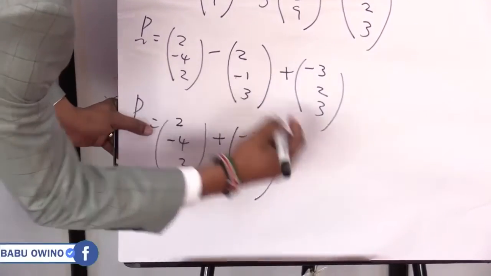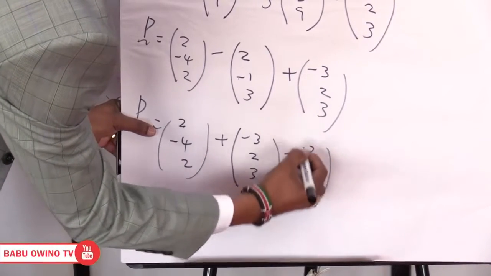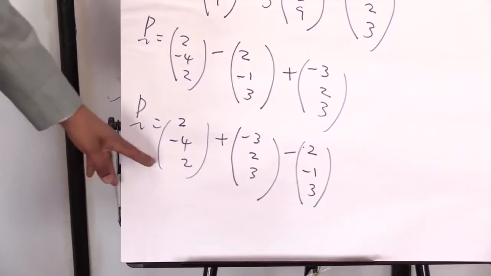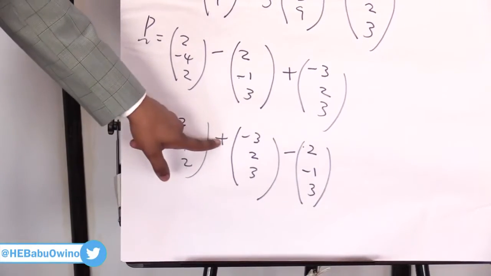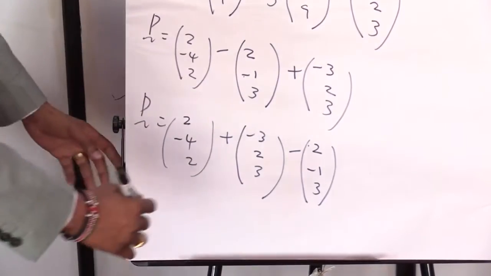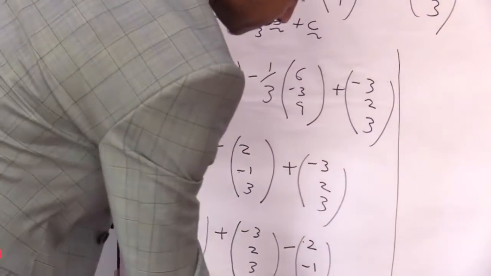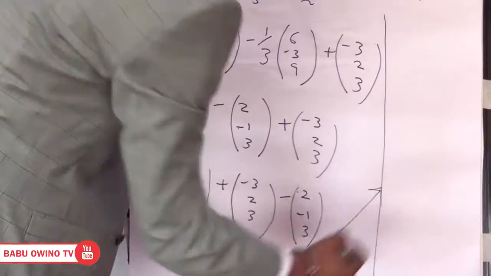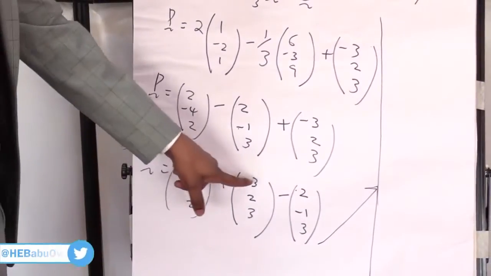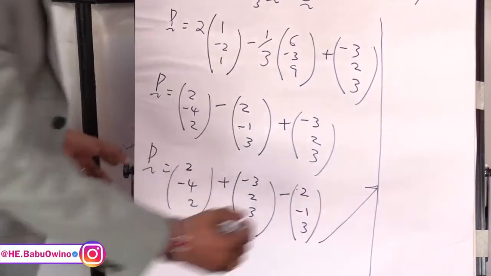Then you subtract this value, which is (2, -1, 3). So from here, 2 plus -3 is the same as 2 minus 3, which is -1.